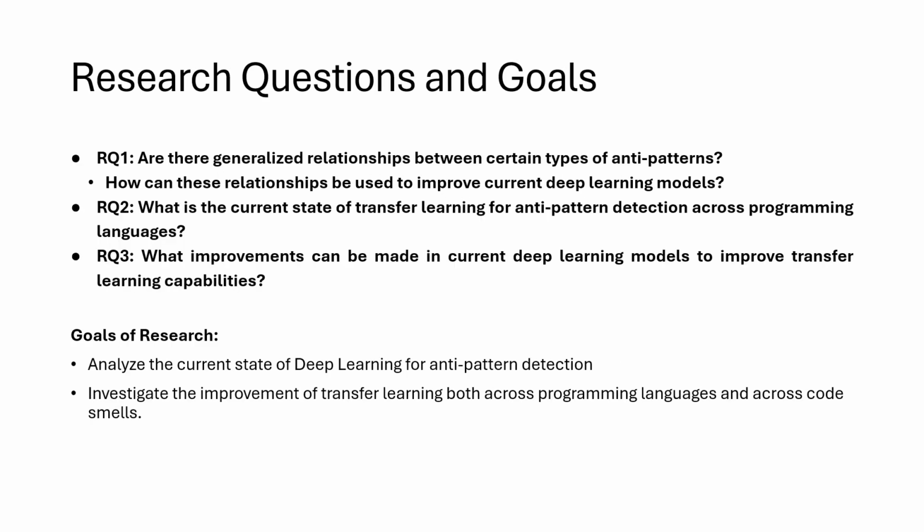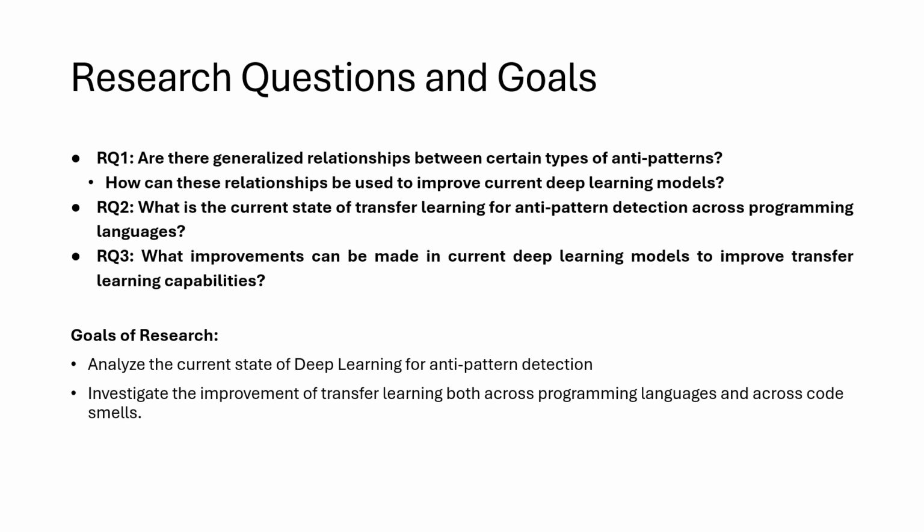I came up with 3 research questions for my project. 1. Are there generalized relationships between certain types of anti-patterns? And if so, how can these relationships be used to improve current deep learning models? 2. What is the current state of transfer learning for anti-pattern detection across programming languages? And 3. What improvements can be made in current deep learning models to improve transfer learning capabilities?